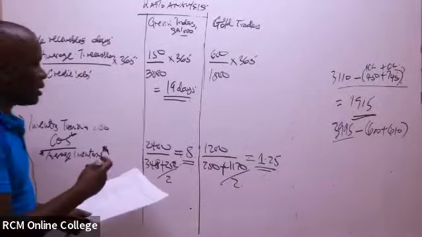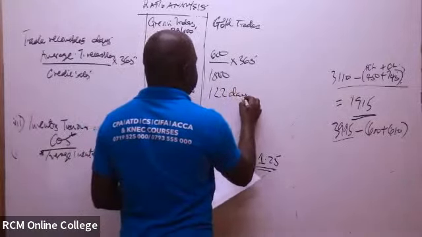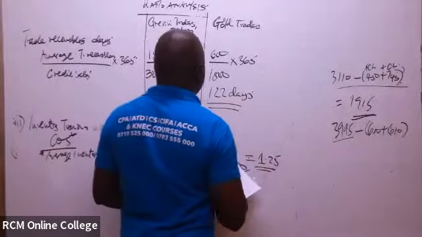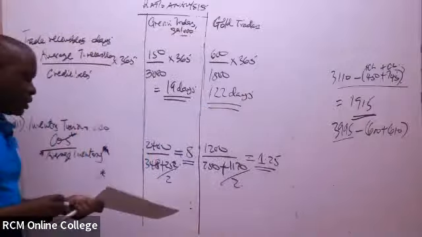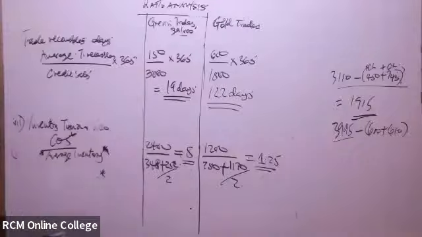So they take a very long period of time. The collection performance from debtors in gold traders is very poor. They take on average 4 months to collect from their debtors.